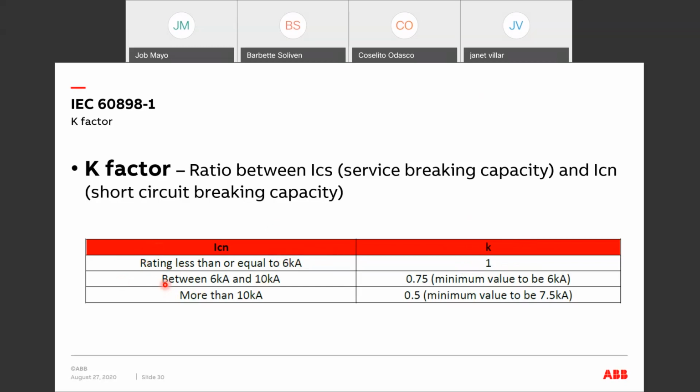For between 6 kA and 10 kA, it's 0.75, but the minimum value is 6 kA. And for more than 10 kA, the K factor is 0.5, but the minimum value is 7.5 kA. As you can see, you won't get the service breaking capacity in the markings, but you'll understand it once you check the IEC 60898-1, where it can be calculated using the K factor.